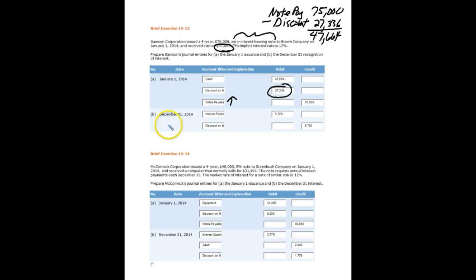So we will take the carrying value of that note, $47,664, and the implicit rate is 12%. And that will give us interest expense of $5,720.